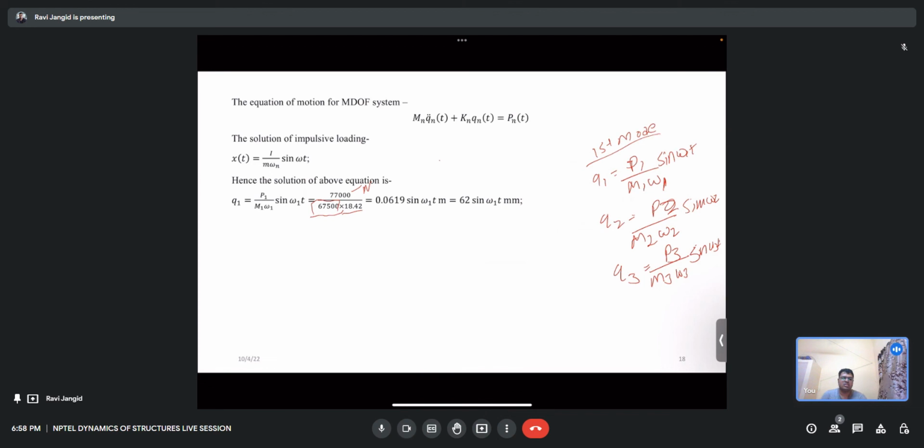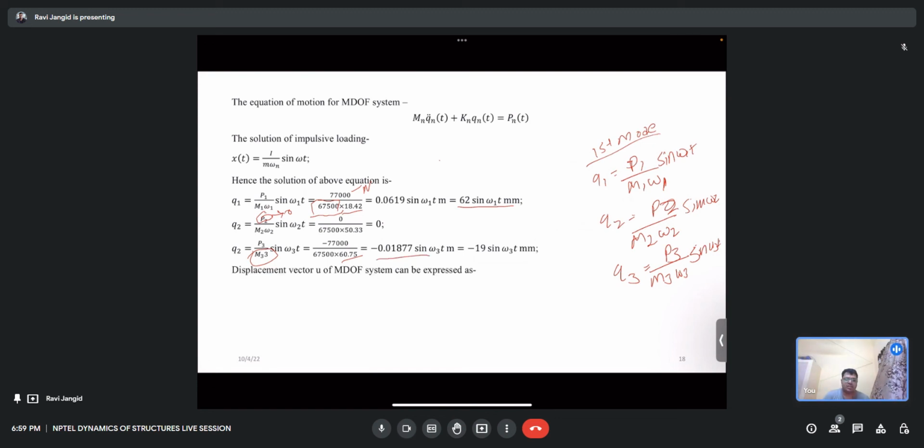If you calculate, that is coming out to be 0.0619 sin omega 1 t in meters, or 62 sin omega 1 t mm. For q2, that is 0 because p2 is 0. And for q3, that becomes the same, but m3 and omega 3 are different. Omega 3 is 67.75, so that is coming out to be 90.